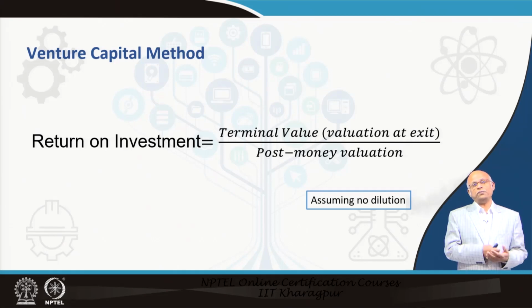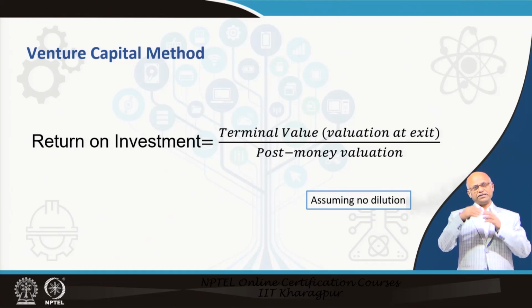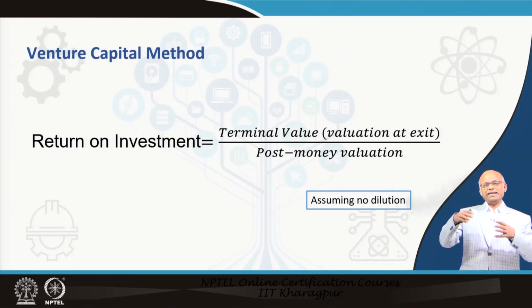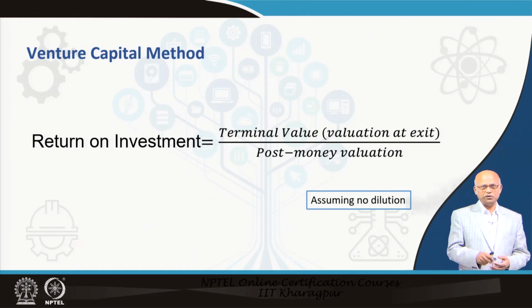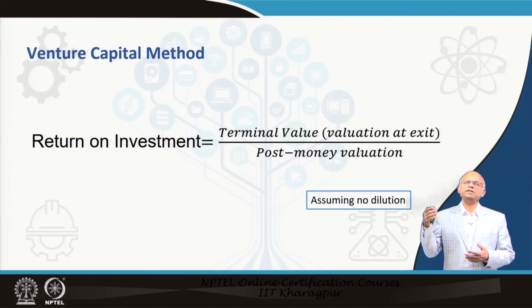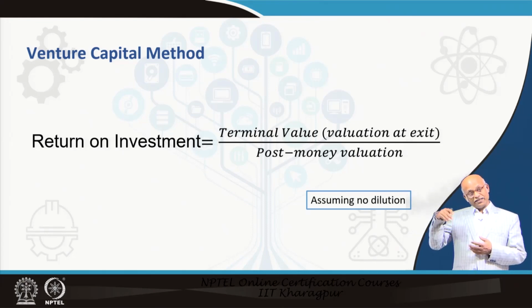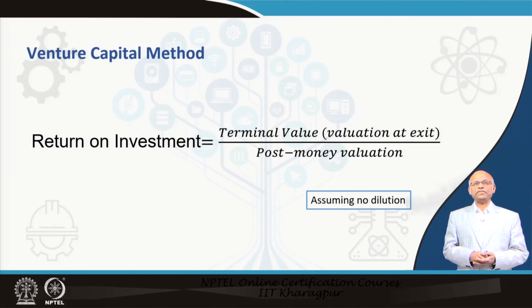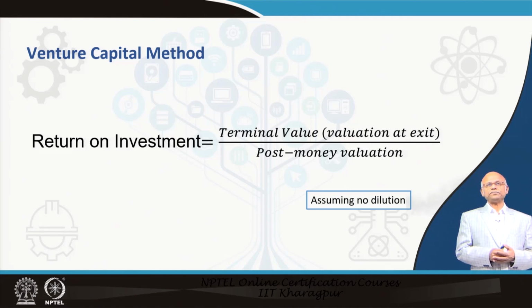Say 1 rupee of profit is going to be valued at 1000 rupees, and suppose your company is going to make 10,000 rupees of profit, then they will multiply that with 1000, because that is the market multiplier, and estimate whatever is the value at which they can exit.